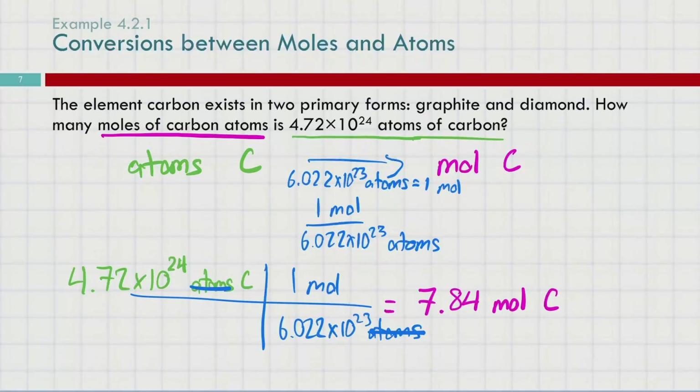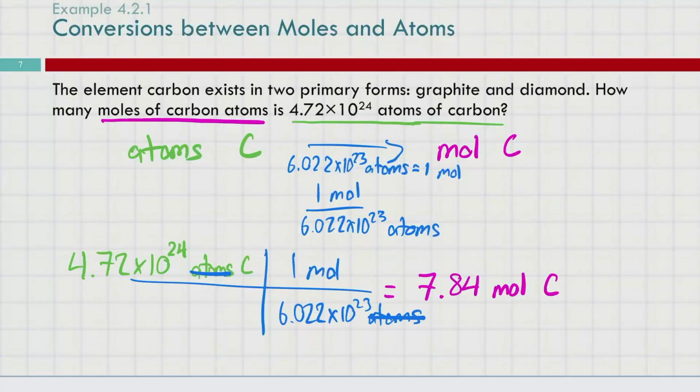This is one of the big reasons that we learn scientific notation, dealing with these really large numbers of atoms. It's a lot more convenient to write out 4.72 times 10 to the 24 than it is to write out this.